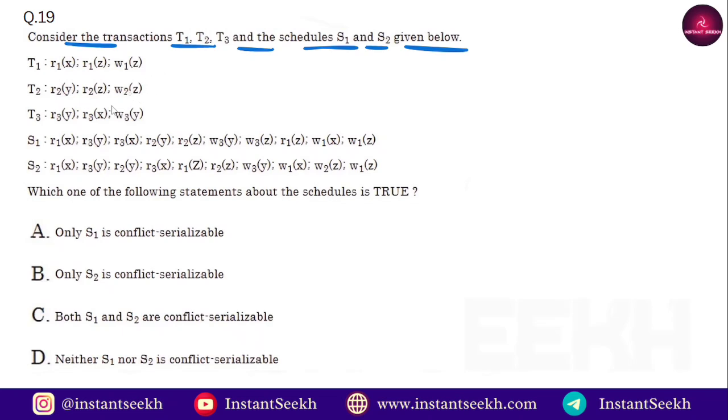T2 transaction is R2Y, R2Z, W2Z. T3 transaction is R3Y, R3Z, R3X and W3Y. And the schedules are given here.